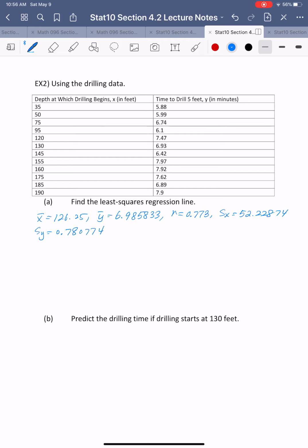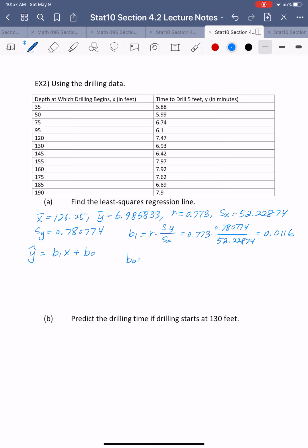So in order to find the y hat, which is b1 x plus b sub 0, I first find b1, which is r times S of y over S of x, which is 0.773 times 0.780774 divided by 52.22874. And then I get that as about 0.0116.